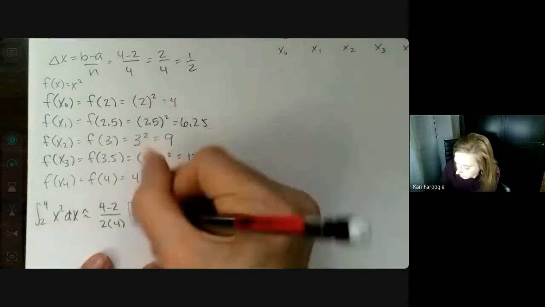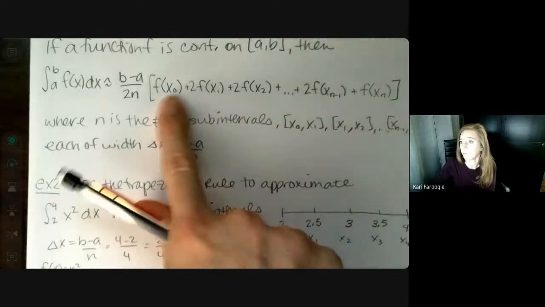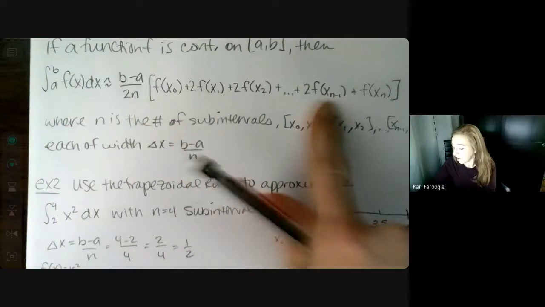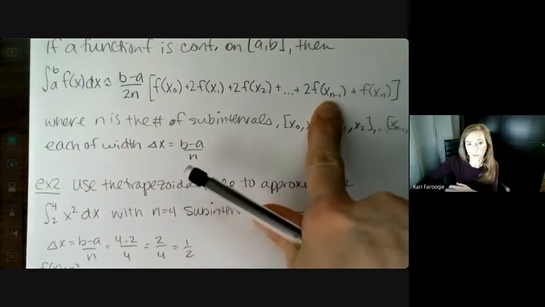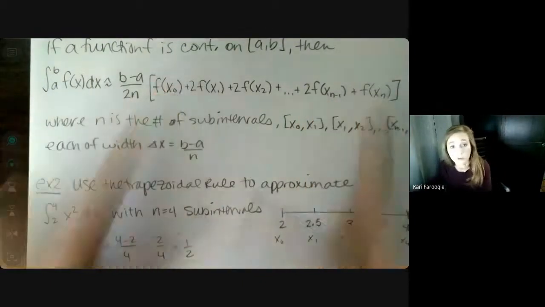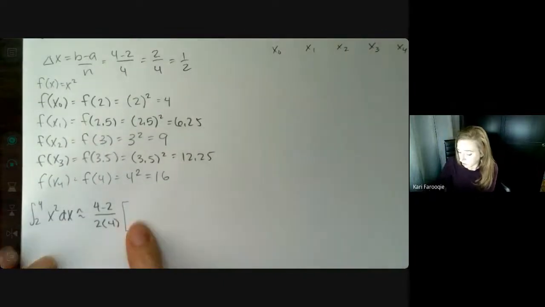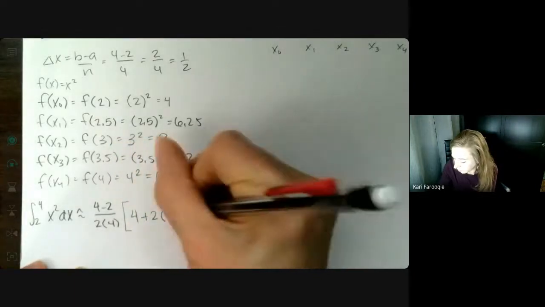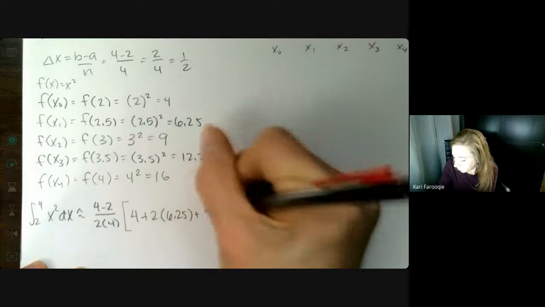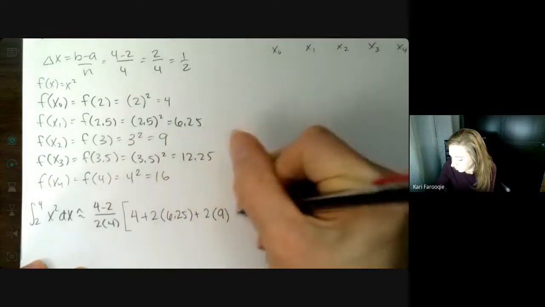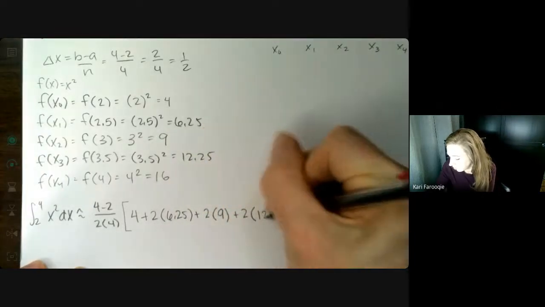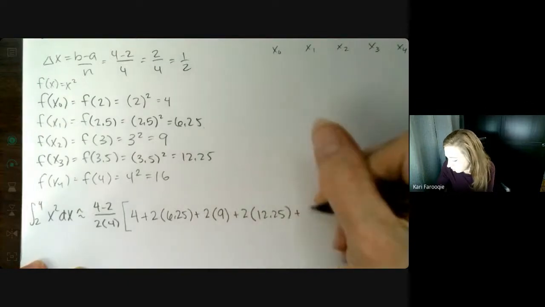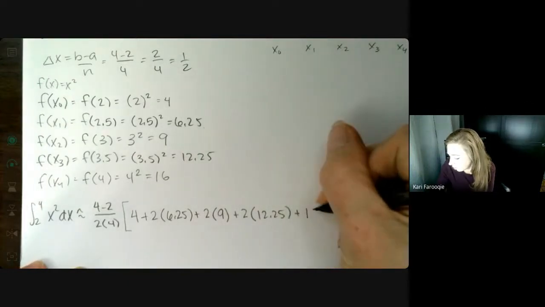Then we'll multiply that by, inside the formula, f of x sub naught plus, and then everything that's inside these terms is going to get multiplied by 2. It's only the first and last terms that don't get multiplied by 2. So for the first term, we're just looking at f of x sub naught, which is 4. And then we'll take twice f of x sub 1, twice f of x sub 2, twice f of x sub 3, and then once f of x sub 4.